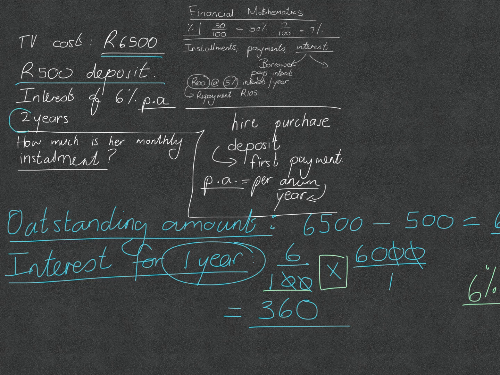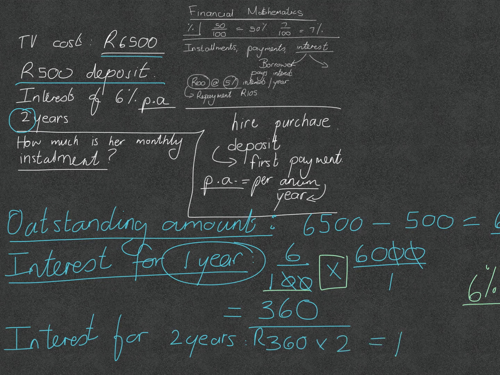Remember, she is going to spend 2 years to pay off this amount. So now we're going to calculate the interest for 2 years, which is going to be 360 Rand times 2, and that equals 720 Rand.